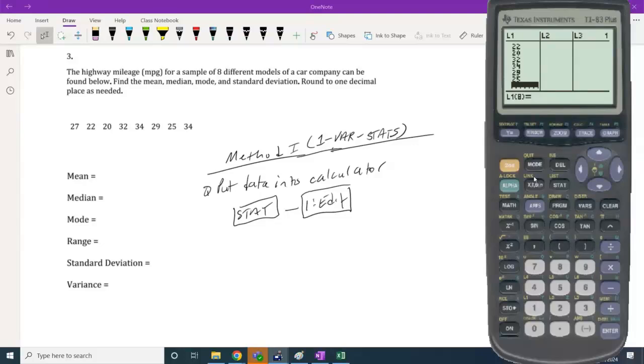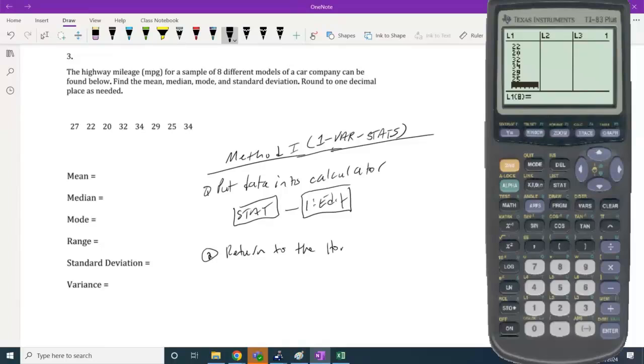So now anytime we're going through these calculator steps, if you don't see what I see on my calculator, please raise your hand and stop me. All right, so we can just make sure everybody is on the same page as far as this calculator is concerned.